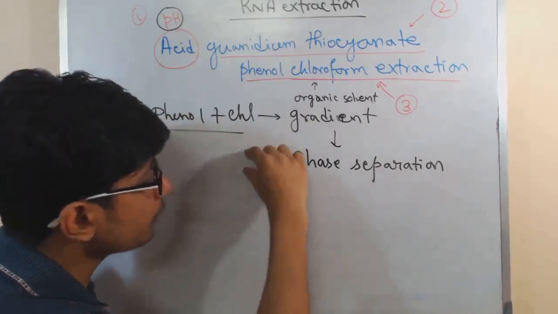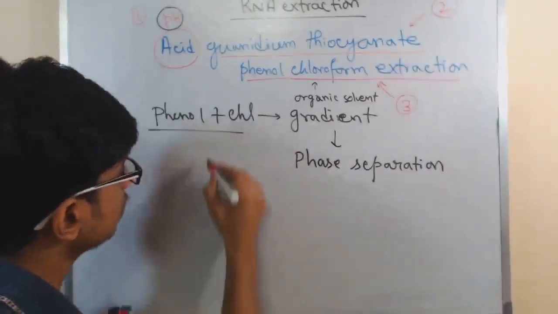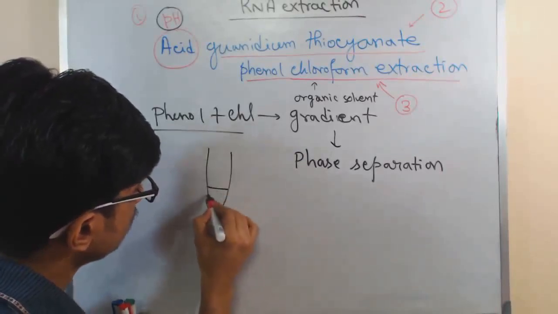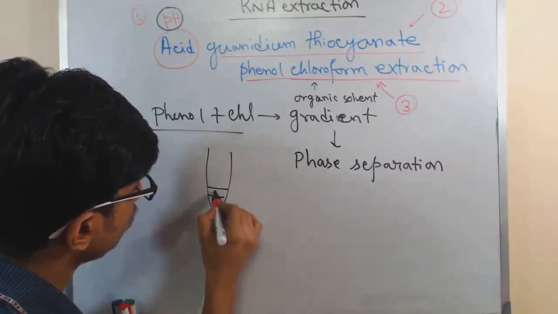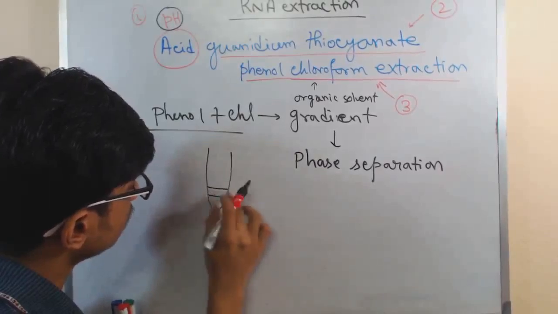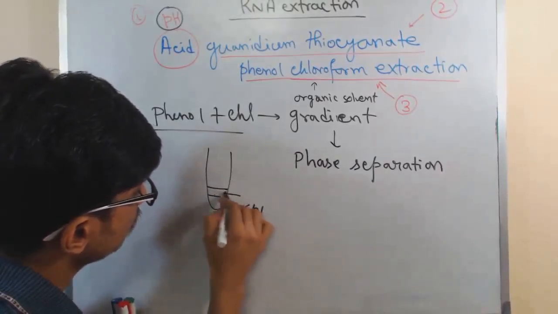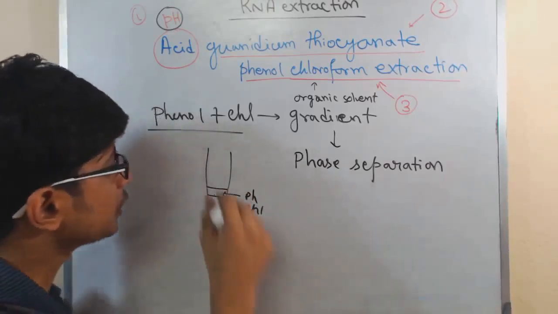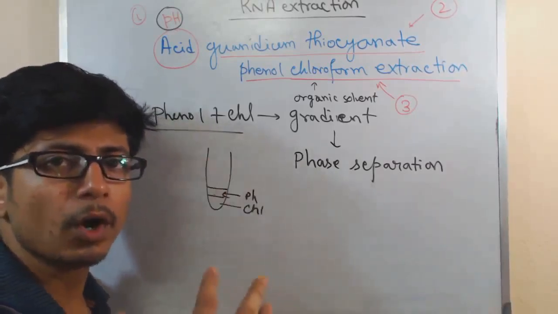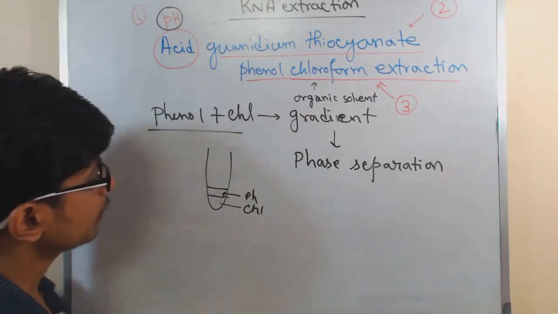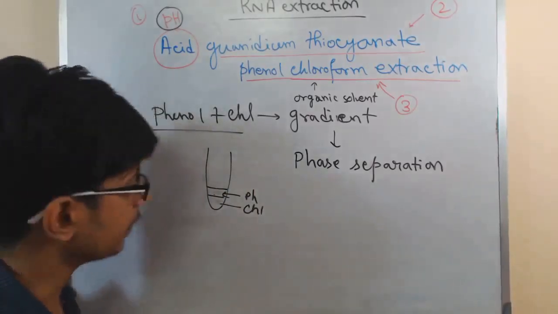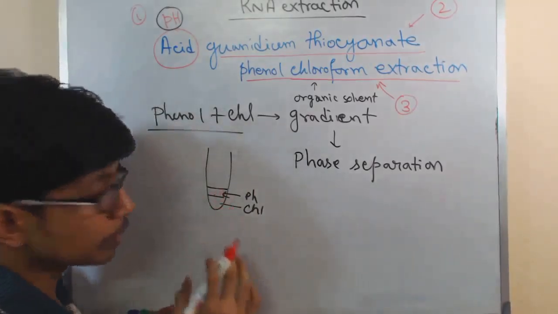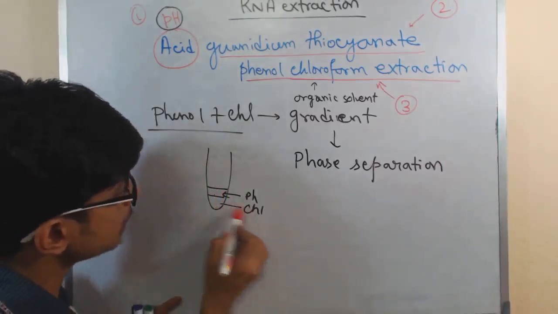In that chloroform and phenol barrier, we will see the barrier of chloroform. Let's write it this way: chloroform, phenol. If we add a mixture of solution containing organic and inorganic molecules, most of the organic molecules are solubilized in the chloroform.